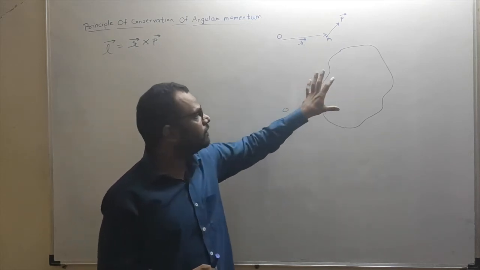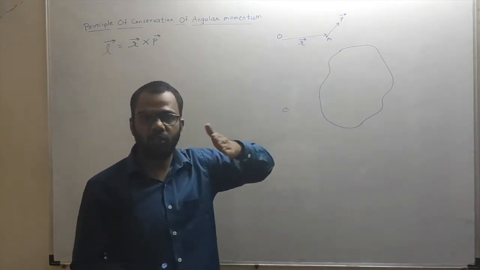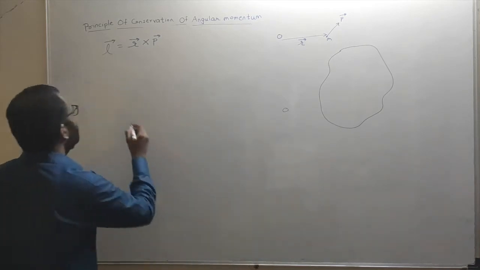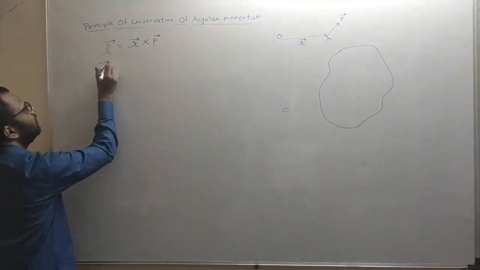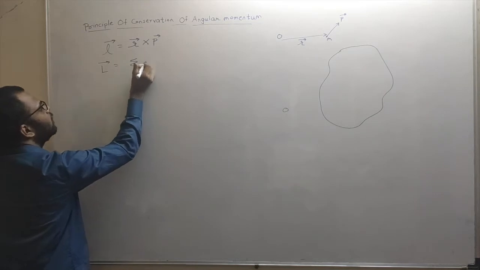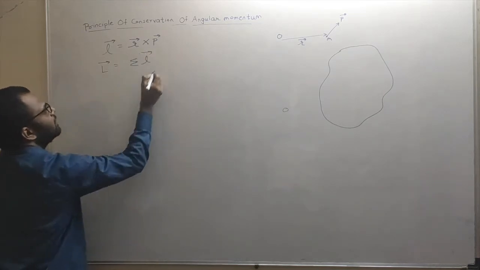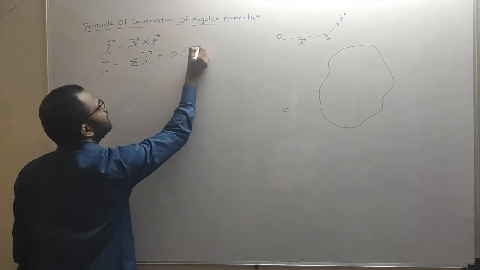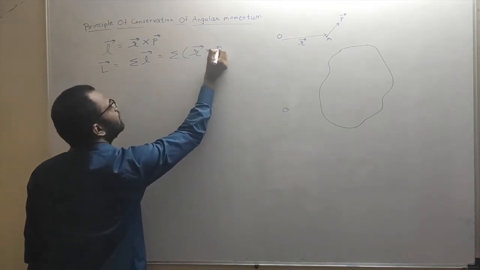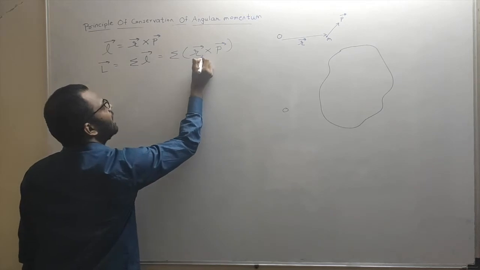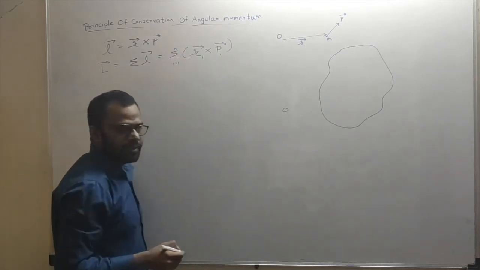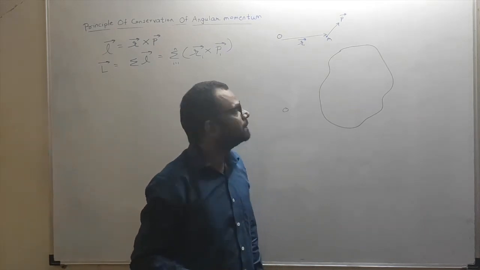So the angular momentum of this entire body will be nothing but the summation of the angular momentums of all the particles. So this can be written as the summation of Ri cross Pi, where i varies from 1 to n.